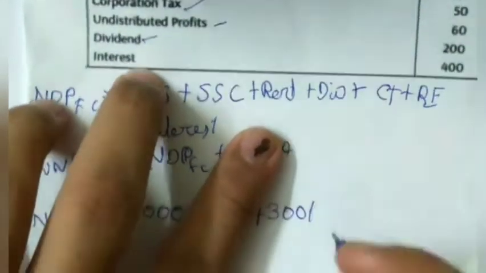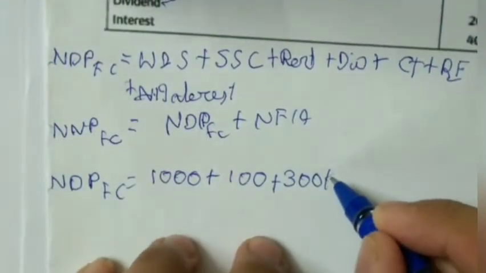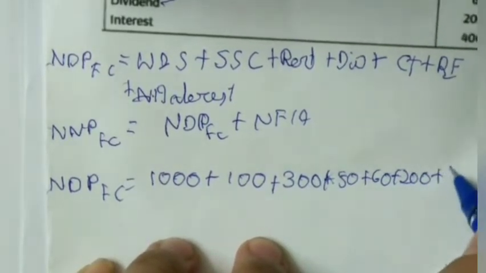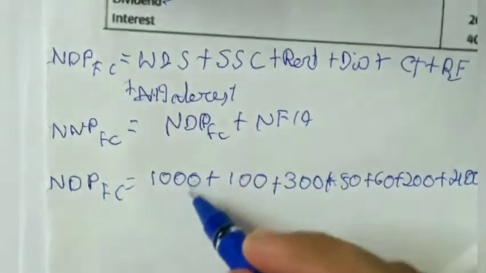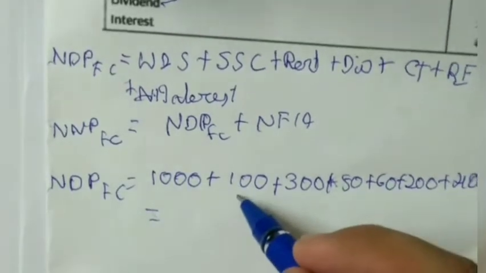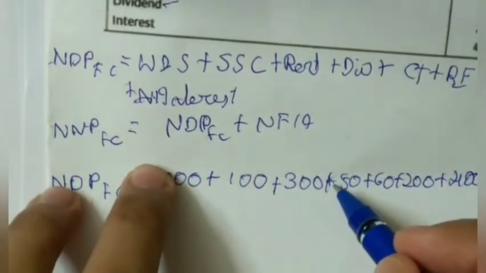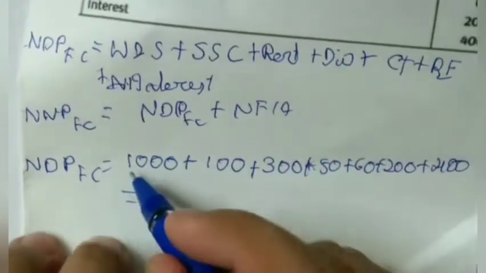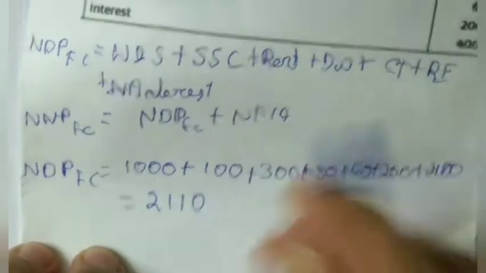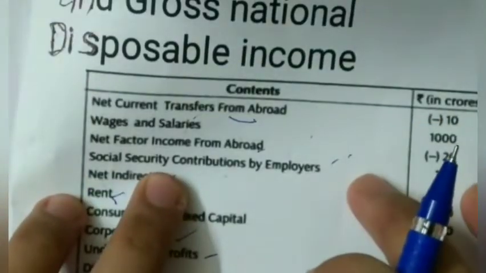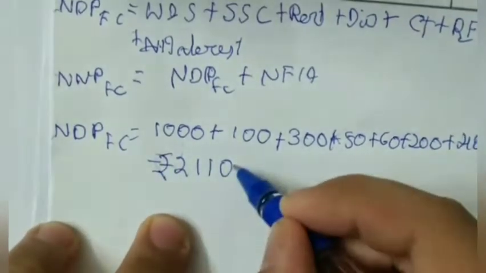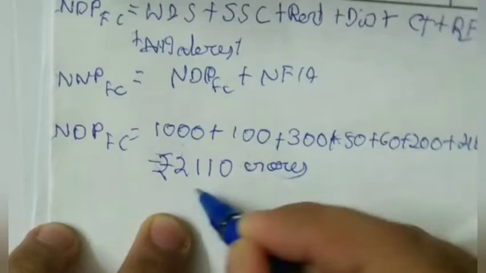So 1000 plus 100 plus 300 plus 50 plus 60 plus 200 plus 400 will be equal to 2110, and the denomination is rupees in crores, 2110 crores. So this will be NDPFC.